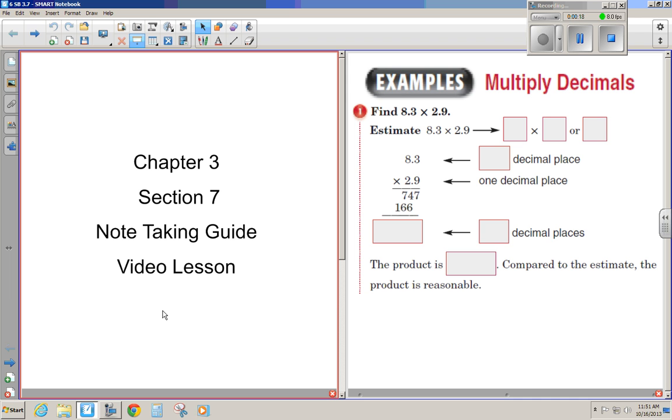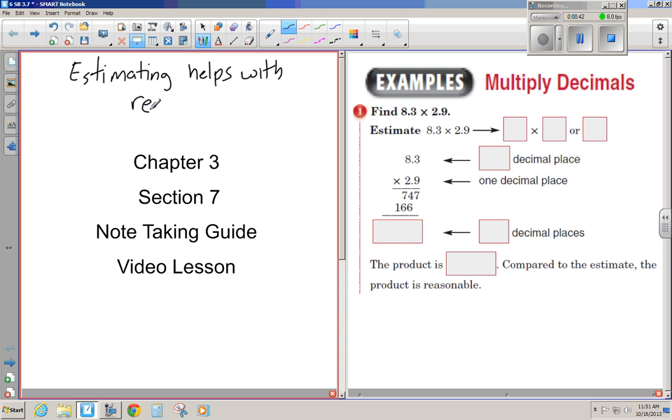Again, the very first thing you should do is to estimate. Remember that estimating helps with reasonableness.